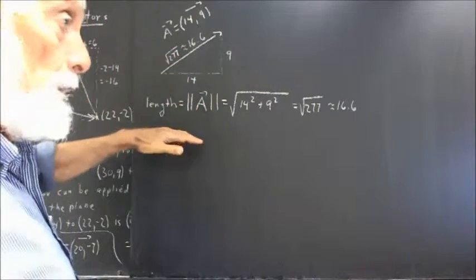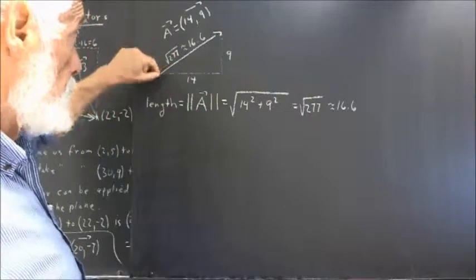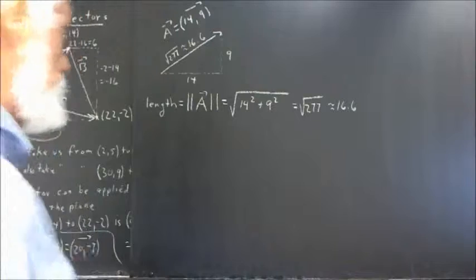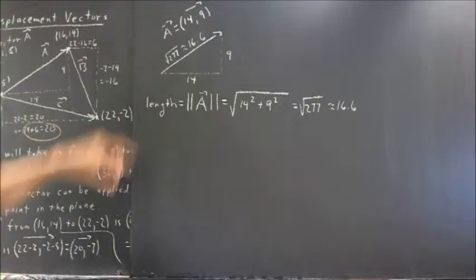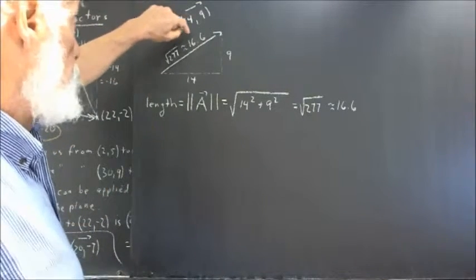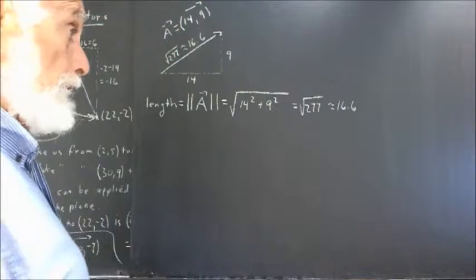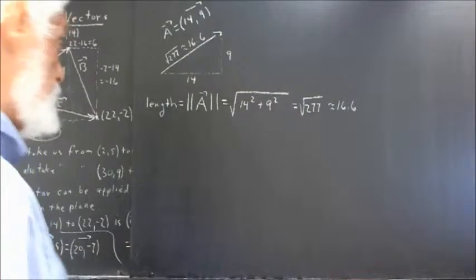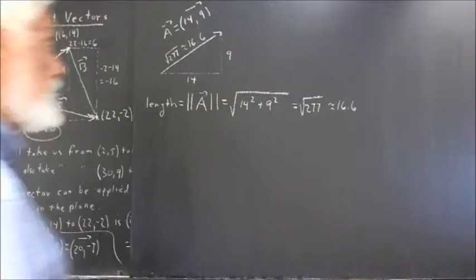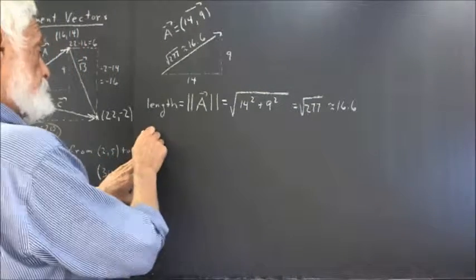In general, we talk about a magnitude because not all vectors are going to be displacement vectors, but we'll get to that shortly. Okay, so the magnitude of this vector is approximately 16.6, more exactly the square root of 277. Again, check my arithmetic on that. Okay, what about the angle, or the direction?